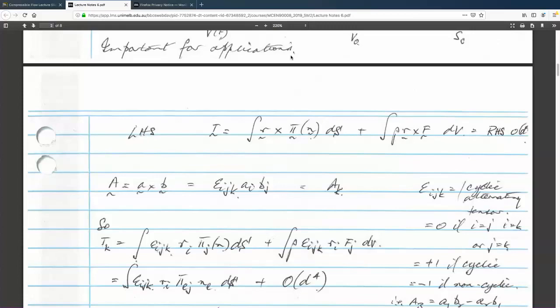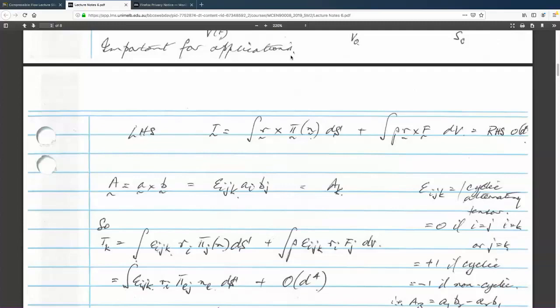However, it's plus 1 if i, j, and k are cyclic. That is to say, they increase like 1, 2, 3. But it's minus 1 if they're non-cyclic. So if it goes 2, 1, 3, that's non-cyclic. It's going the other direction. It would be going back this way.